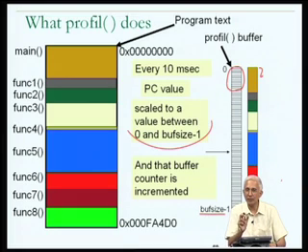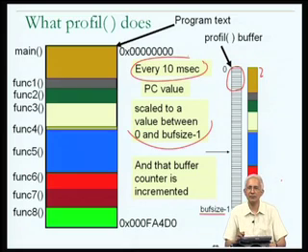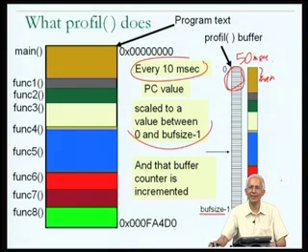How much time should be associated with each of the counts? You'll remember that we were doing a sample once every 10 milliseconds, and therefore if the total of all the counts within the region associated with main was 5, then that could be associated to have a value of 50 milliseconds. And similar calculations could be done for all of the functions. This is essentially what's happening behind the scenes as far as the profile system call is concerned.